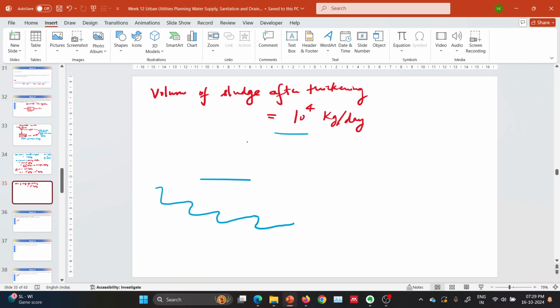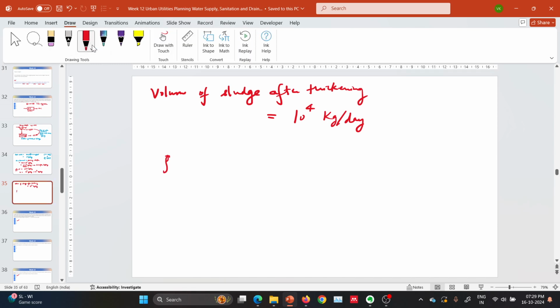So we divide by the density of thickened sludge, that is 10 to the power 3.